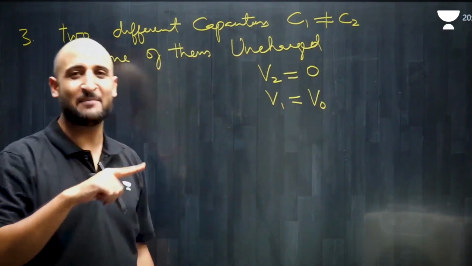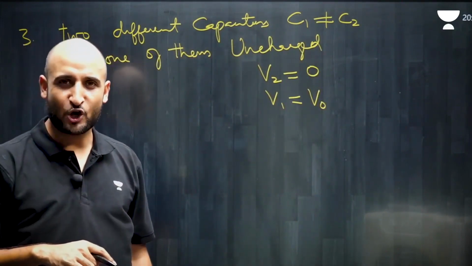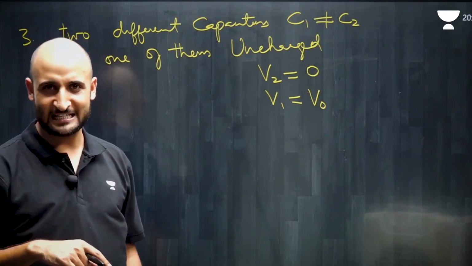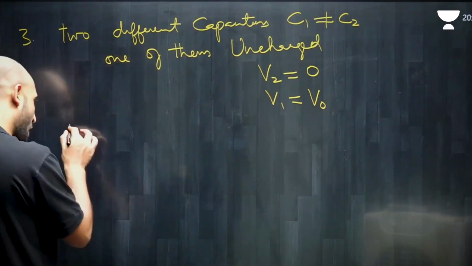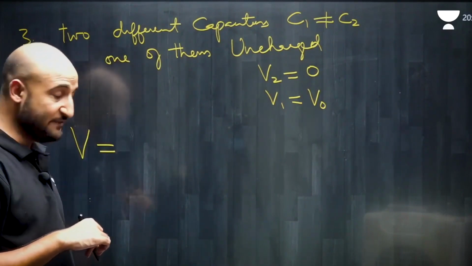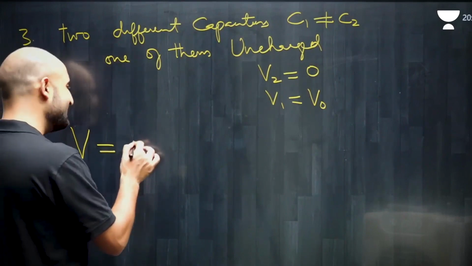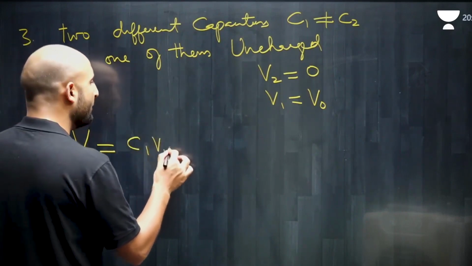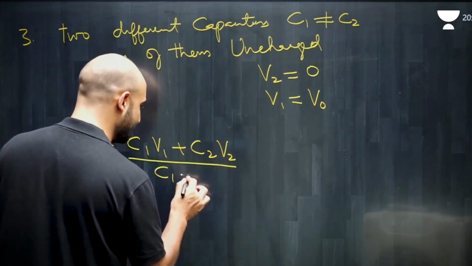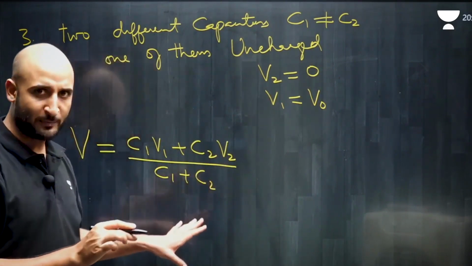Now again I'm asking, what will be the common potential and what will be the heat dissipated? In that case, the common potential V will be equal to (C1 V1 plus C2 V2) divided by (C1 plus C2). This is the common formula for the common potential.